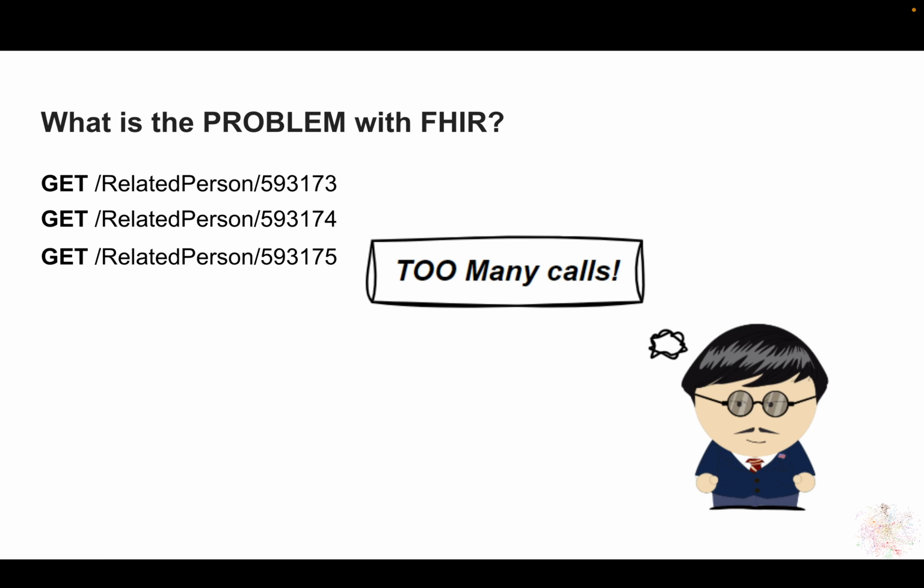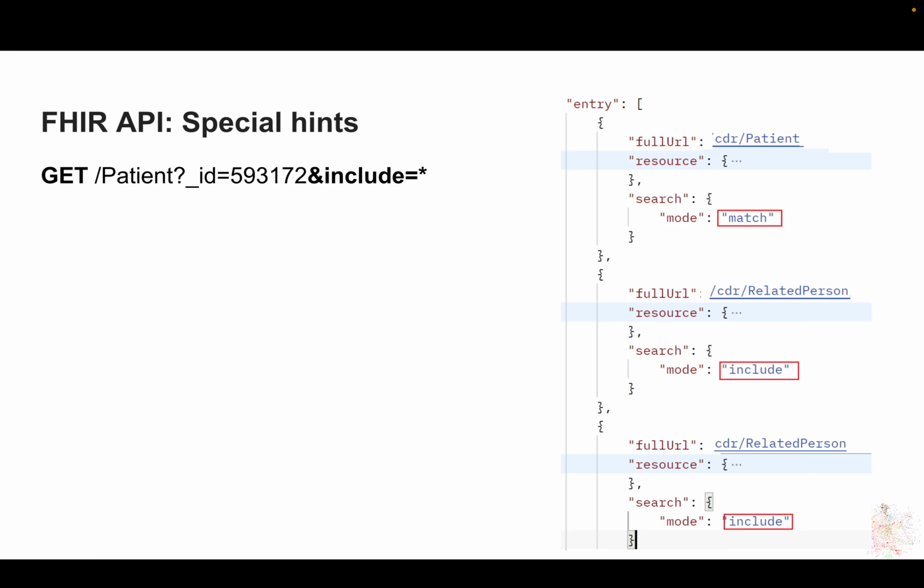Thanks to the FHIR implementation and FHIR standard, we have special hints where we can say, here is the patient ID, please give me the information about this patient and include all the related information. In the response, we will retrieve a list of entries where we have the main resource, which is the patient in our case, and also all the related resources marked as included resources.